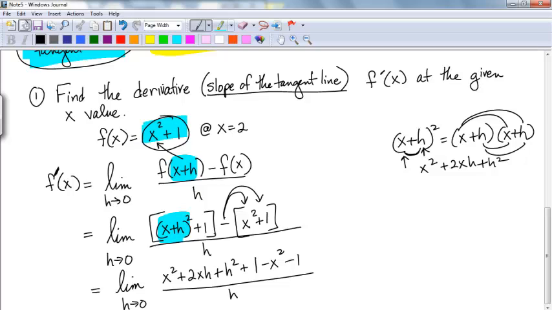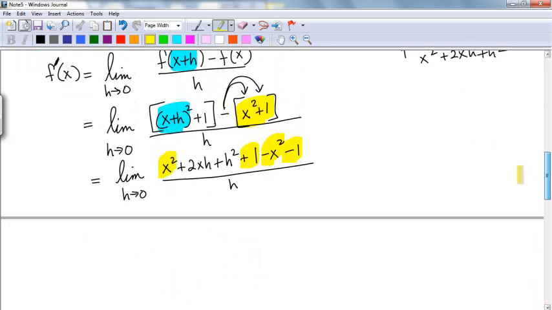Okay, look up here for a minute. On this, you're subtracting your f of x. If this is a regular polynomial that you're substituting in for, this f of x ought to always drop out. If it doesn't drop out, you've made a mistake. Okay? So look, x squared minus x squared, plus 1 minus 1, it drops out. If it does not drop out on a regular polynomial, you've got an error. Okay? Okay, let's keep going.